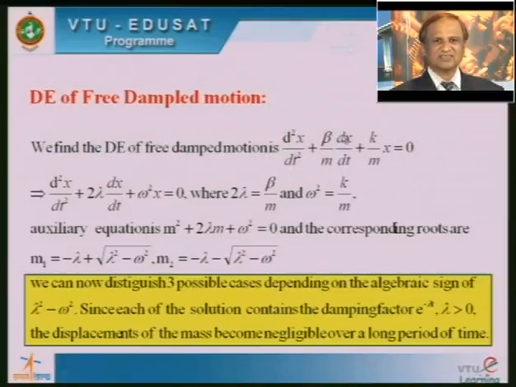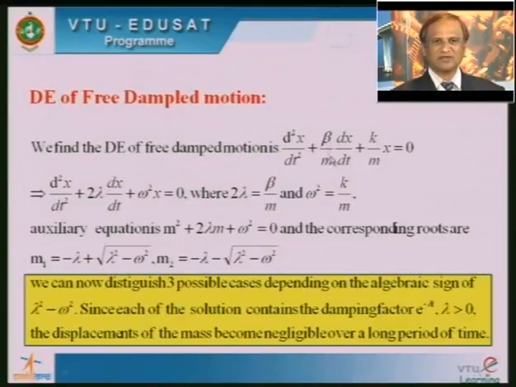Just now I told that we are going to introduce this term. For the purpose of simplification, I want to rewrite this equation in this form: d square x upon dt square plus 2 lambda into dx by dt plus omega square x is equal to 0. You may ask what 2 lambda means: 2 lambda is equal to beta by m.